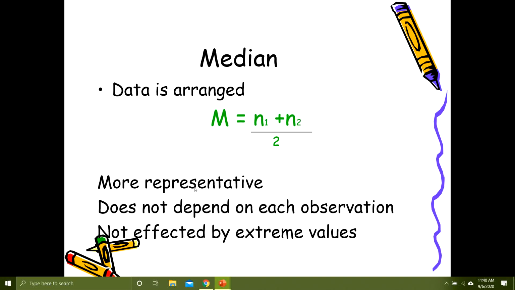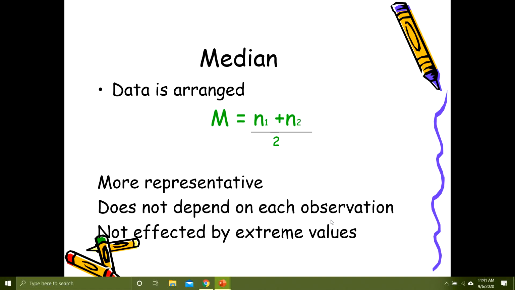The median becomes more representative when there is variation at the ends or there is skewness of data. The median does not depend on each observation. In the mean, we were taking all the observations into account, summing them up and dividing them by the number of observations.